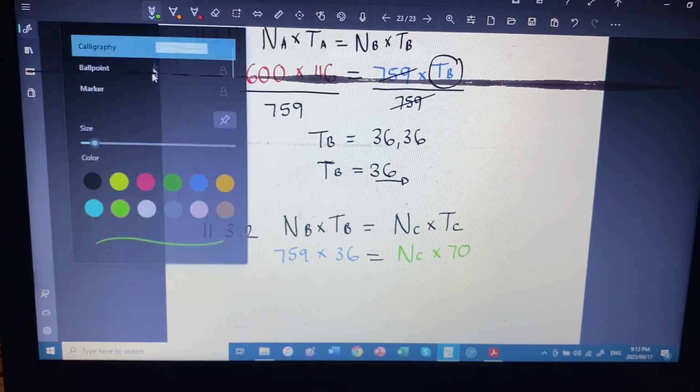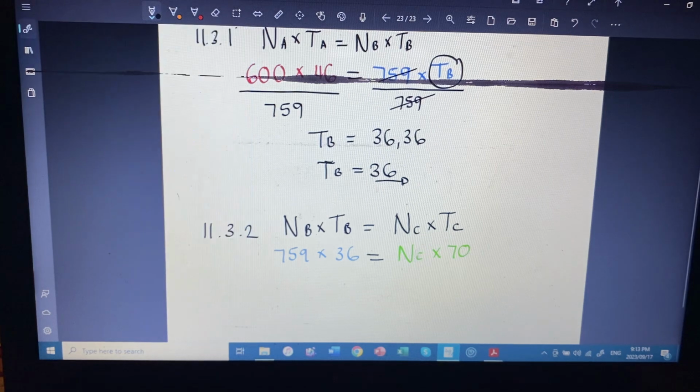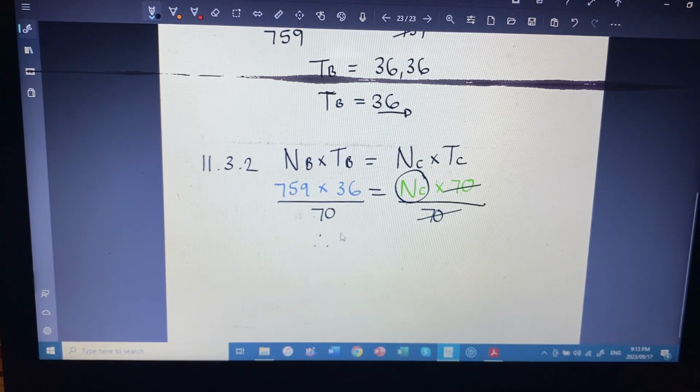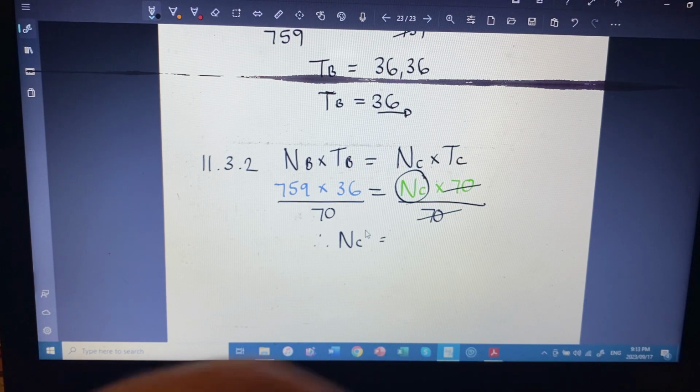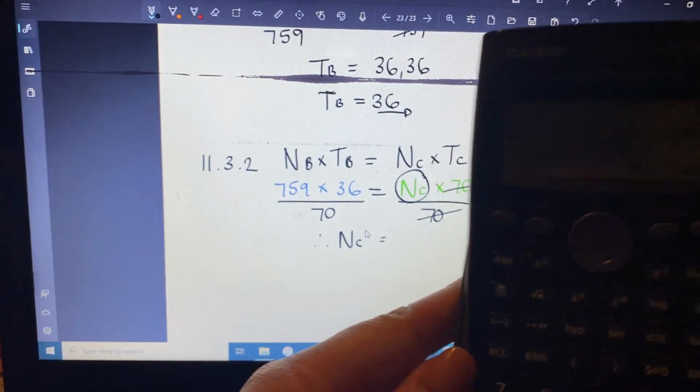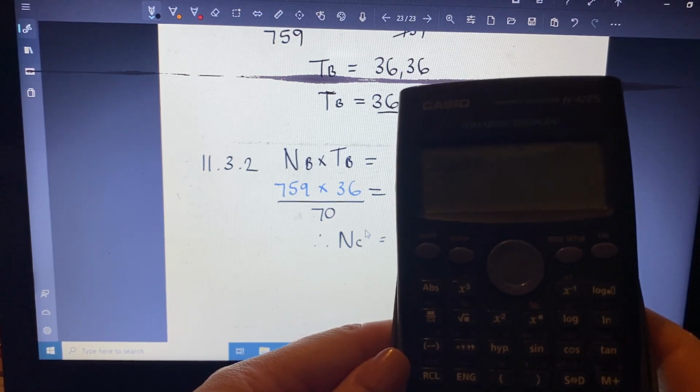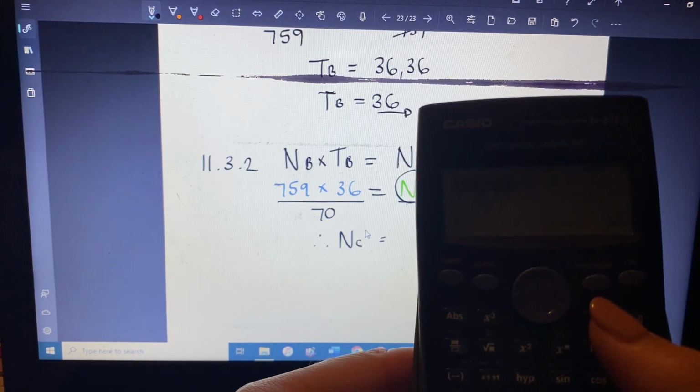Then you just have to go and do the math again. NC is the one that we want. It's multiplied by 70, so I do the opposite, which is divide on both sides. And then you cross them out because they cancel each other out. Therefore, the answer for NC will then be fraction 759 times 36 over 70.